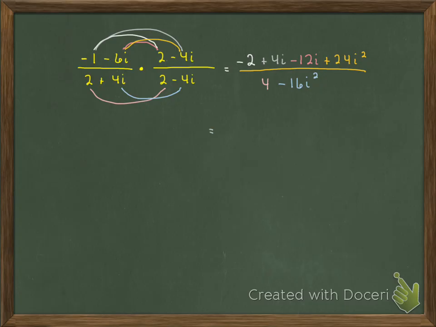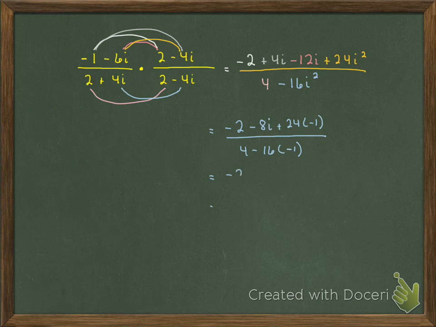So we'll combine like terms in our numerator. 4 minus 12 is -8i plus 24 times -1 all over 4 minus 16 times -1.